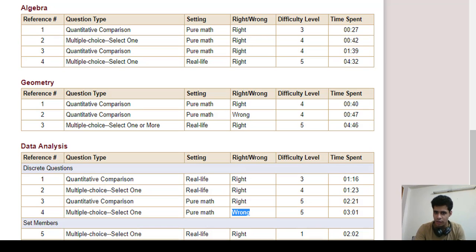The questions I got wrong were at least level 4 difficulty, 5, 4, and 5 respectively. So they chose to deduct 2 marks, even though I did 3 questions incorrectly.